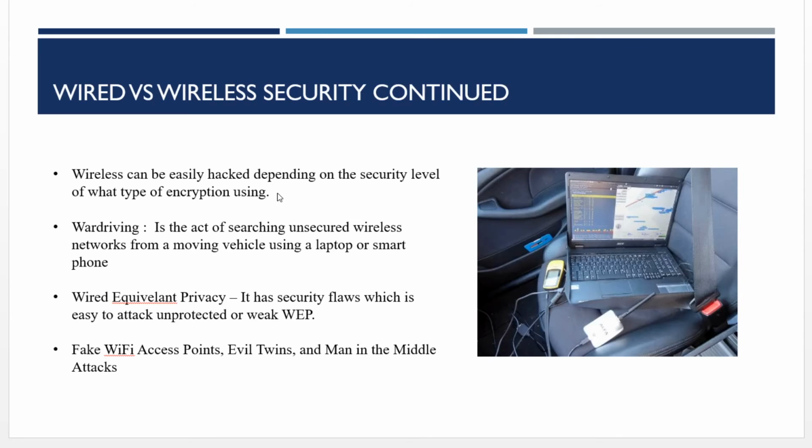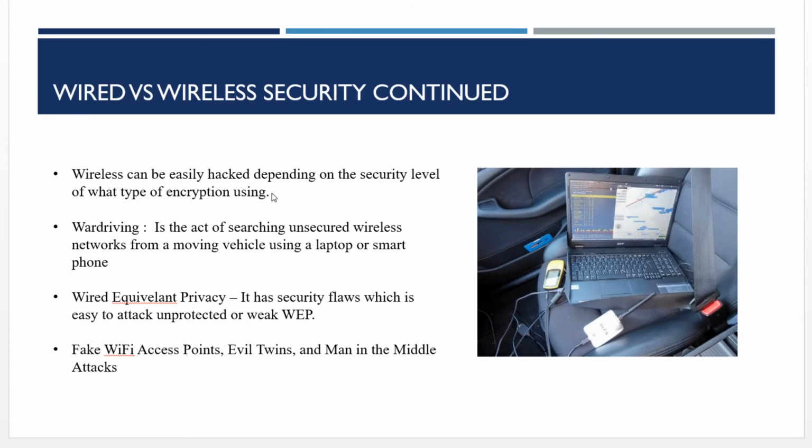The wired versus wireless security continued. Wireless can be easily hacked depending on the security level of what type of encryption you're using. Let's say you're using WEP, which is the old type of encryption. The newest is WPA2. That's the better encryption.